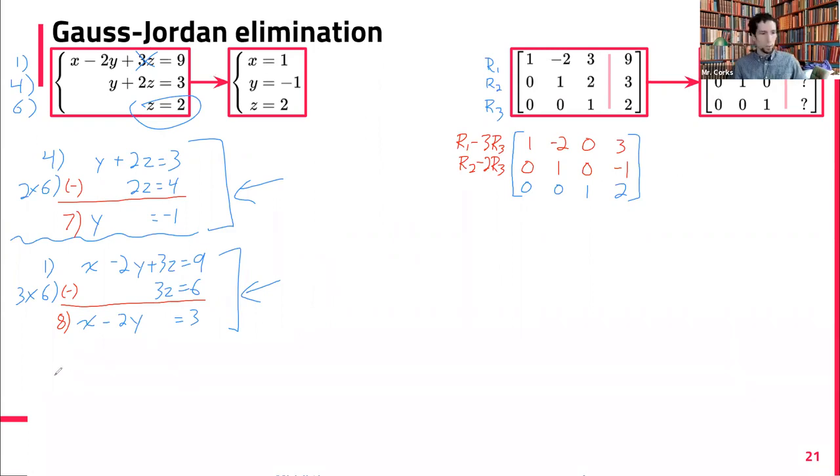Okay, normally I would do this with the system, but just because we're running out of time a little bit, let's just finish this up with the matrix directly. All right, what is the final thing that we are going to have to do to complete our matrix?